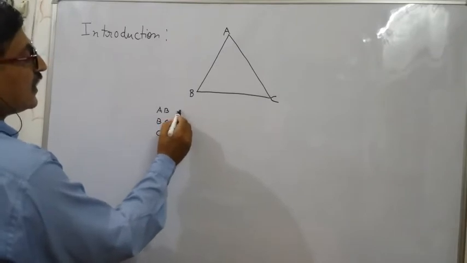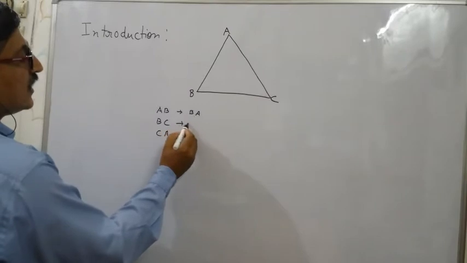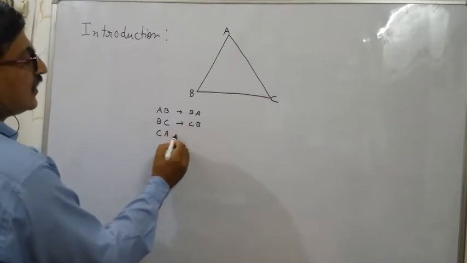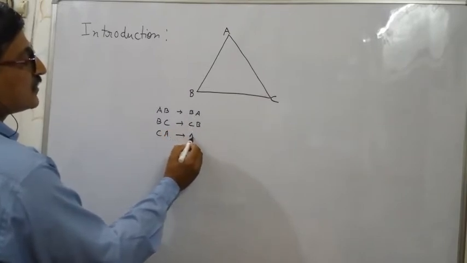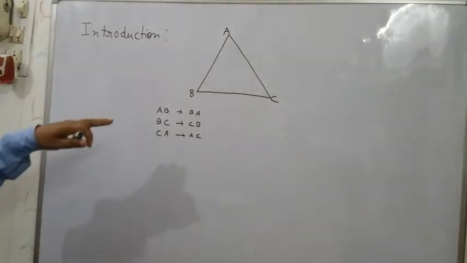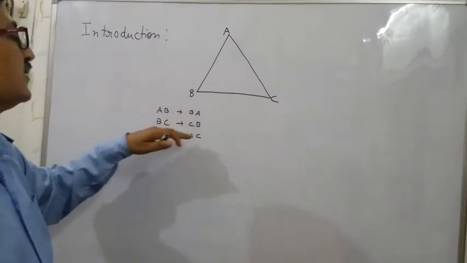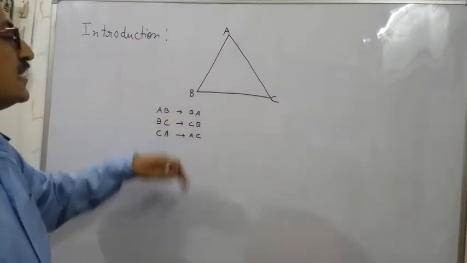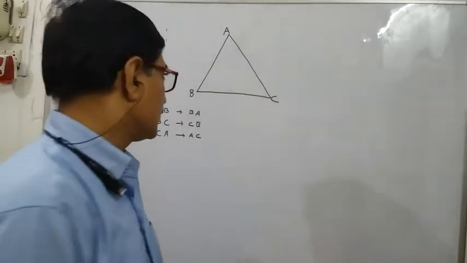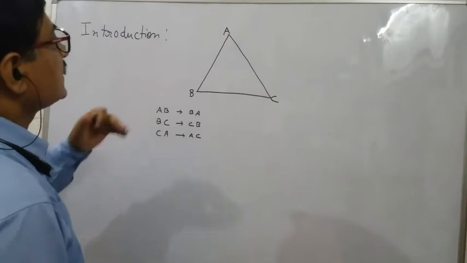AB can be written as AB or BA, both are the same, and BC is CB and CA is AC. AB or BA means that it is representing the same side, and BC and CB represent the same side. CA and AC all represent the same sides. Means these are the three sides.